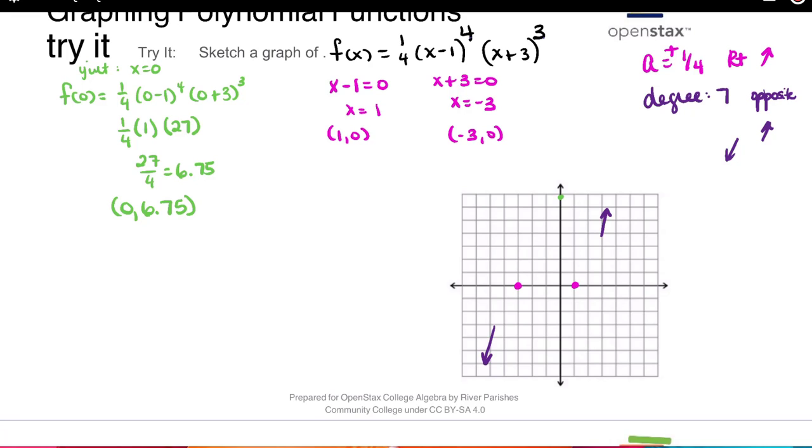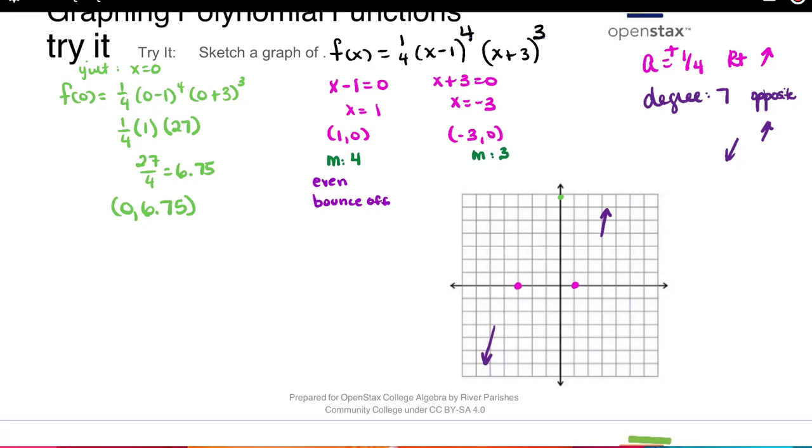Now let's check out the multiplicities. The first one was to the 4th power, so multiplicity of 4. The second one was to the 3rd power, so that's a multiplicity of 3. So this is even, so it's going to bounce off.